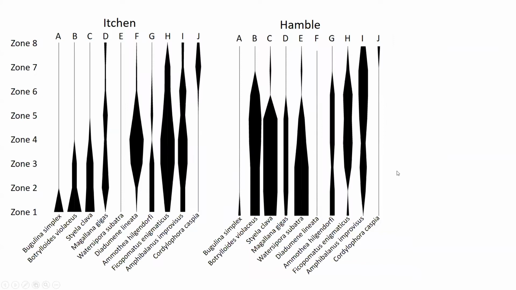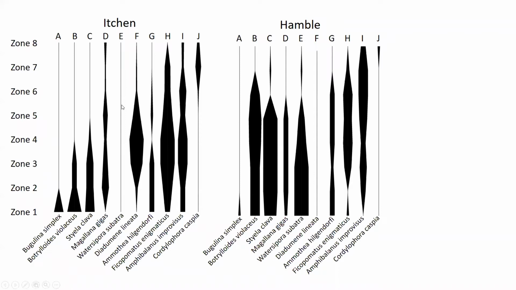So one way of displaying the data is with a kite diagram for each species in each river. And this shows just a selection of 10 species from the 24 we scored. And these are chosen just to illustrate the different sorts of distribution that we found. And in these kite diagrams, each species is marked with a thin line running right the way up the estuary.